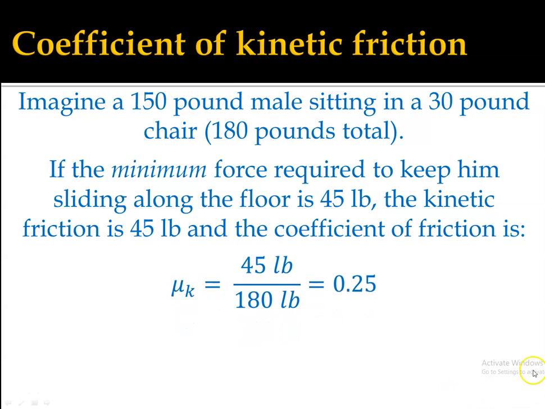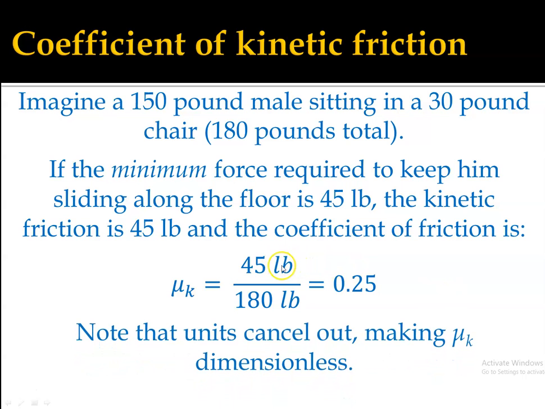We would take the kinetic friction equals the coefficient of kinetic friction times the normal force, and we would rearrange that equation solving for the coefficient of kinetic friction, and that would be the friction force divided by the normal force of the man, and that would equal 0.25.